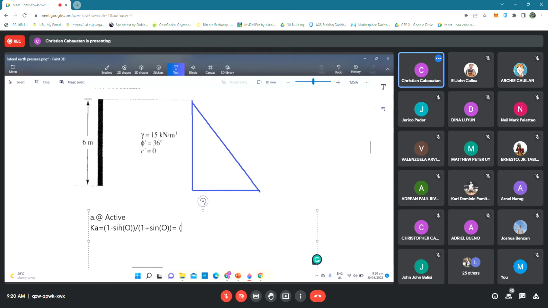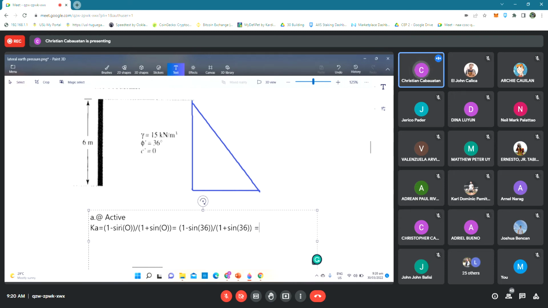1 minus sine of 36 degrees divided by 1 plus sine of 36 degrees.